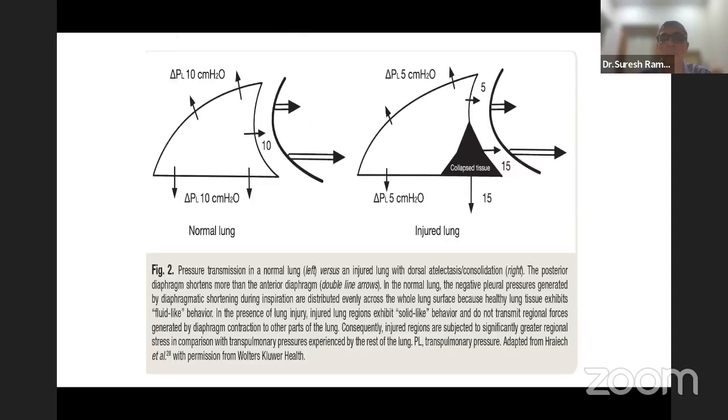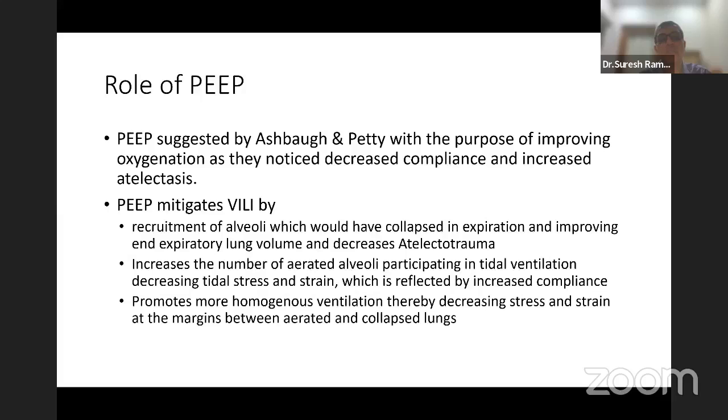So therefore, the concept of PEEP mitigating VILI by recruitment of alveoli, which would have collapsed on expiration, and improving end expiratory lung volume and decreasing atelectrotrauma is the proposition which was now coming up when we knew that high PEEP of 27 to 60 was not good, and it was causing a low cardiac output and tissue hypoperfusion.